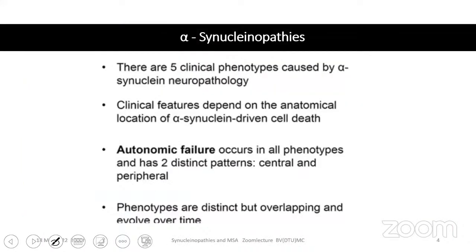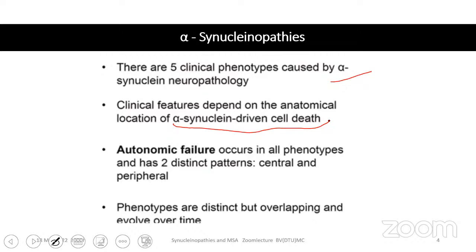So there are 5 clinical phenotypes caused by alpha synuclein neuropathology. The clinical features usually depend on the anatomical location of alpha synuclein driven cell death, whether the alpha synuclein is in neurons or in oligodendroglia. That depends.